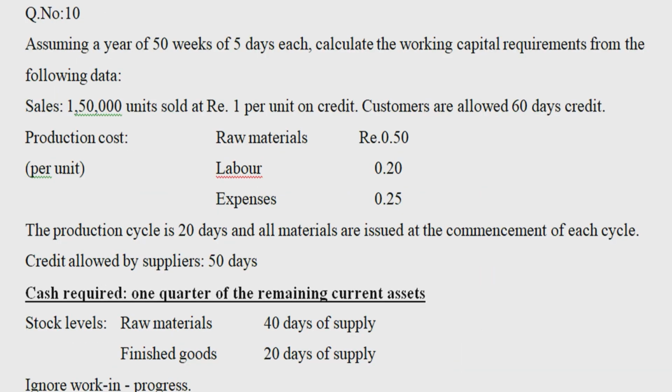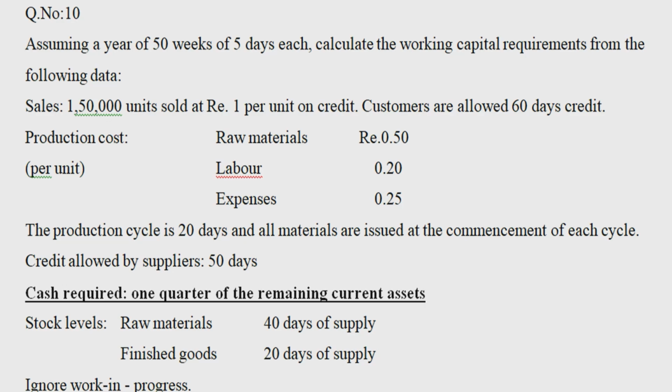Next, finished stock. For the finished stock we have to consider 1,50,000. This finished stock is nothing but raw materials plus labor plus expenses. So 0.50 plus 0.20 plus 0.25, on the whole you will be getting 0.95.